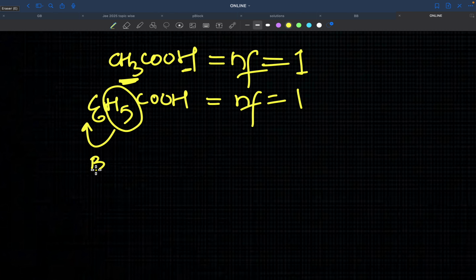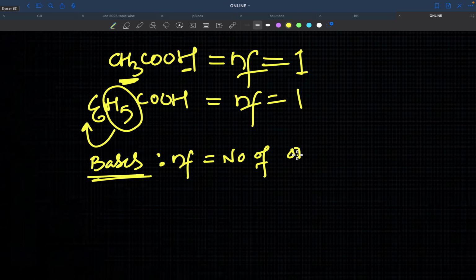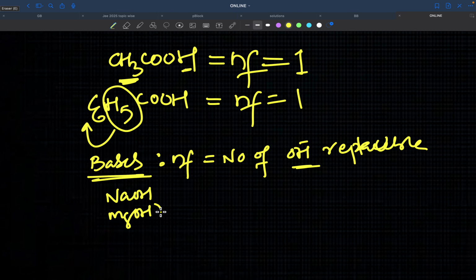The last thing we should talk about is bases. For bases, the n factor is the number of OH minus ions replaceable. For example, we have NaOH, Mg(OH)2, Al(OH)3. What else do we have?